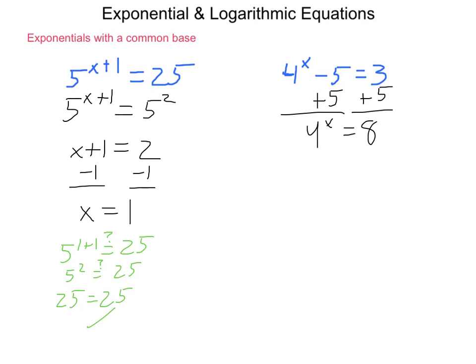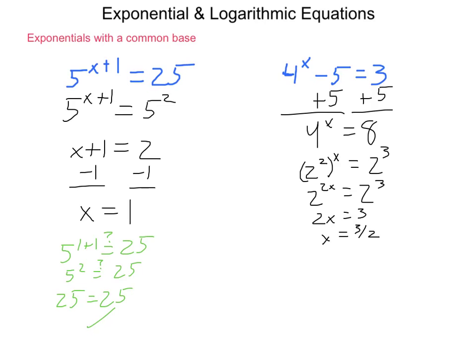Again, I need to convert these into items with a common base. 4 is 2 squared, so I have 2 squared to the x. 8 is 2 cubed. When I raise a power to a power, I multiply them. So this is 2 to the 2x equals 2 cubed. Now I can eliminate my bases and just work on the exponents. So 2x equals 3. Divide by 2 and I get x equals 3 halves, or 1 1/2.